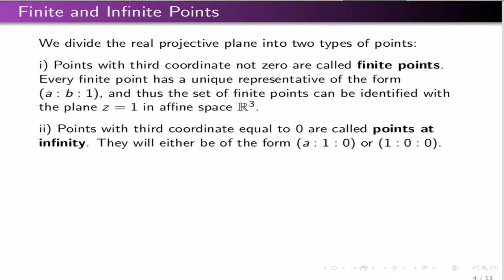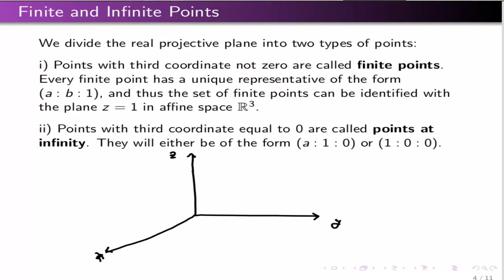And so you can identify the finite points with the two-dimensional plane z equals 1 in the affine space R3. So let's just draw a picture of that. So this is the ordinary three-dimensional space, x, y, and z.